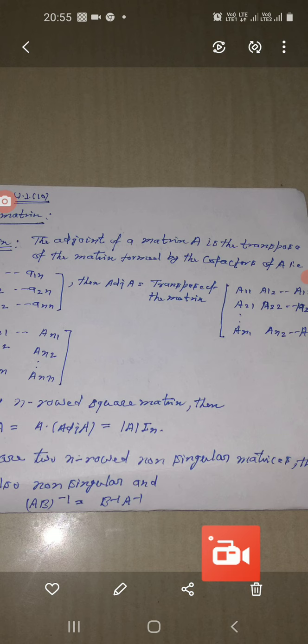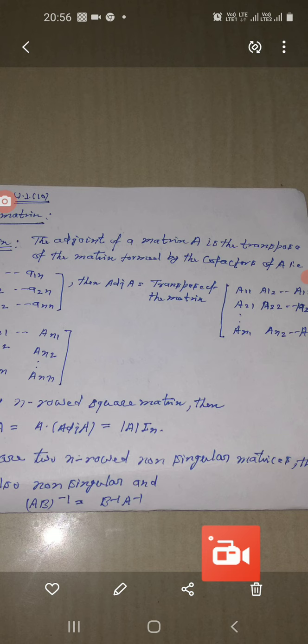Note that if A is any n-rowed square matrix, then adjoint of A multiplied by A is equal to A multiplied by adjoint of A, and this is equal to determinant A multiplied by In.